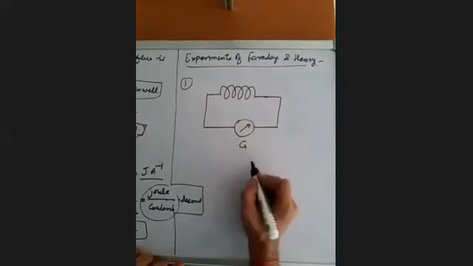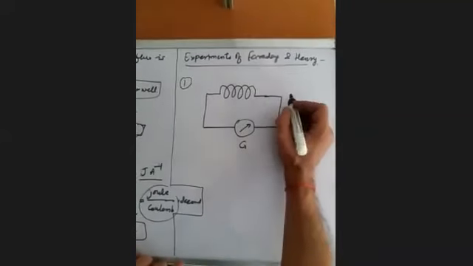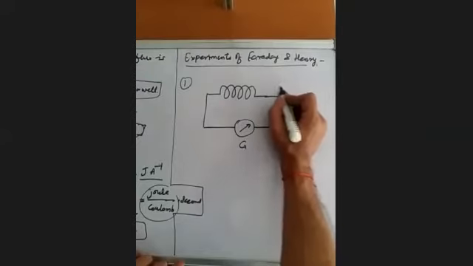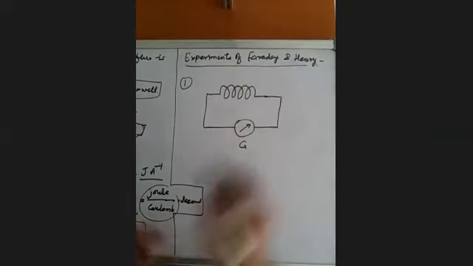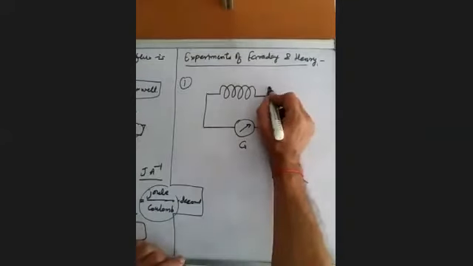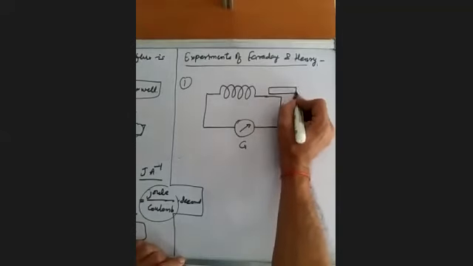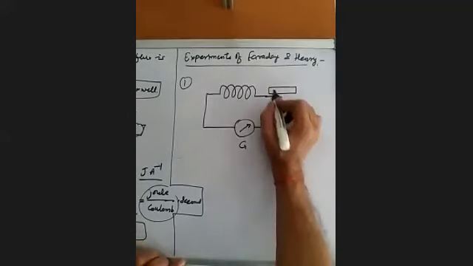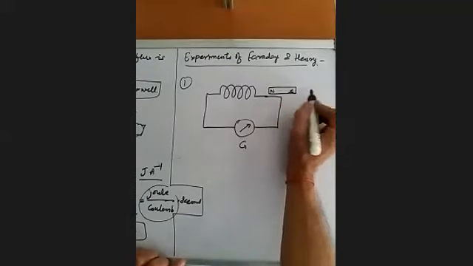So this is your galvanometer. Then they took a magnet. This is a magnet, and it has two poles, suppose this is north and this is south.